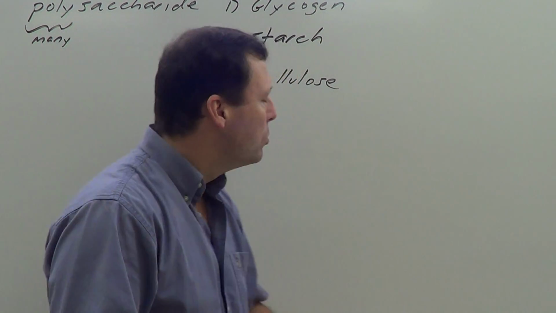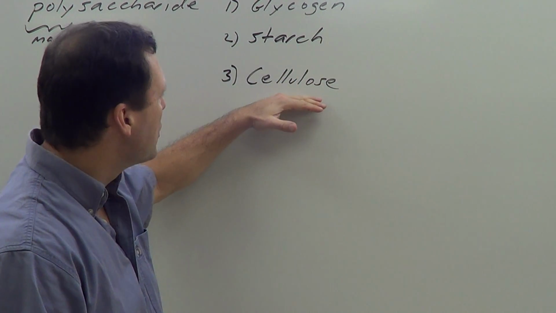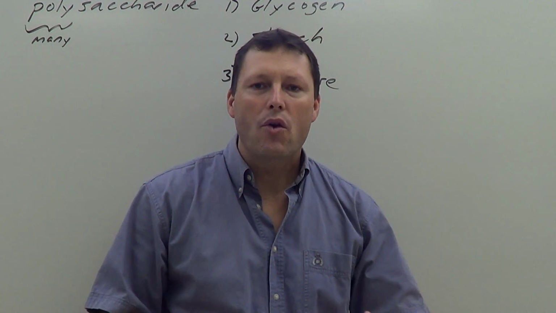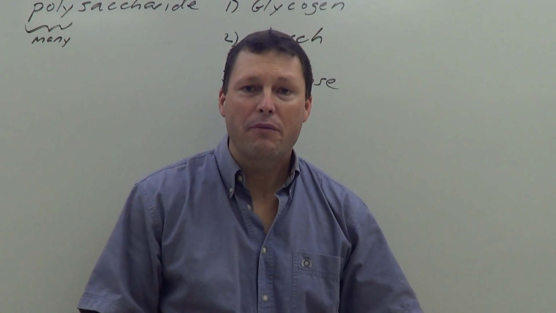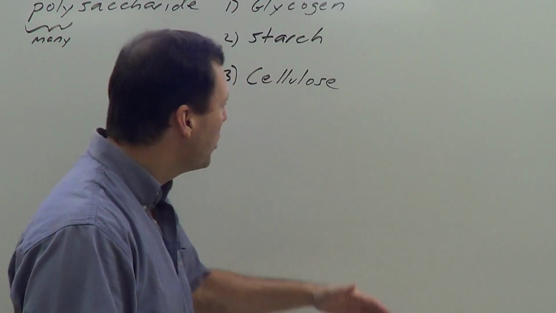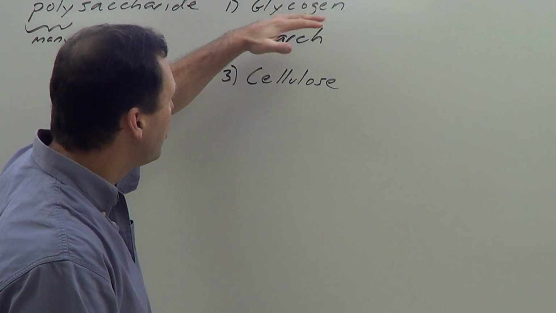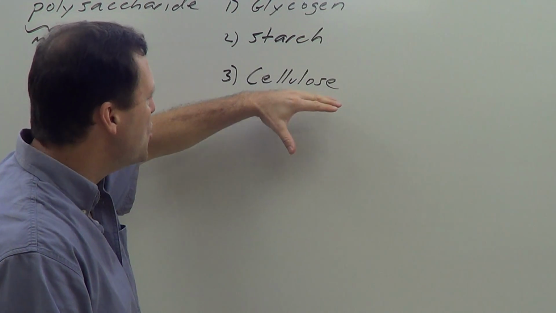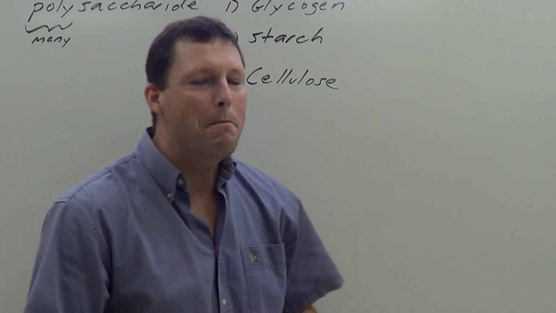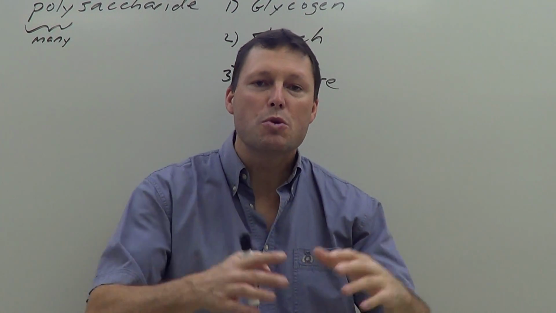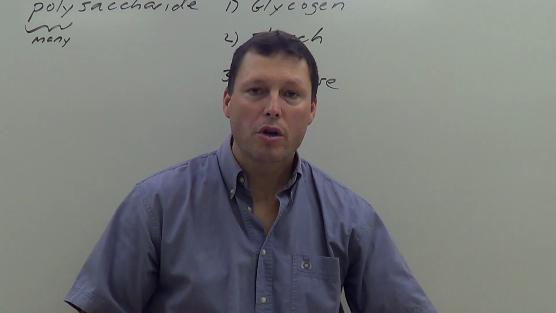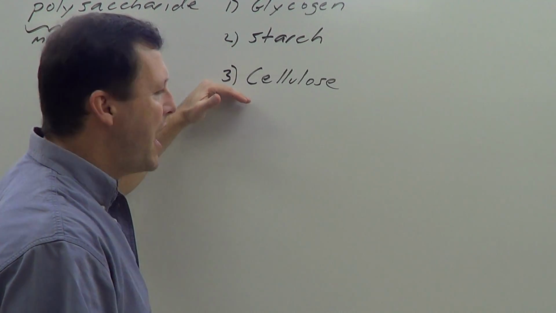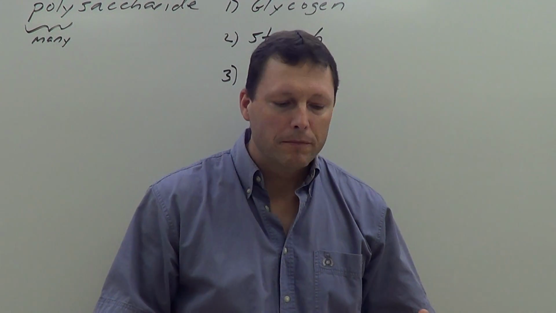And now these glucose molecules have a different function. Cellulose is used to make cell walls in plants, kind of a rigid structure, totally different property than starch and glycogen, totally different purpose. But again, it is a huge molecule made up of many, many small molecules of sugar. So these are our 3 big polysaccharides that we need to be familiar with.